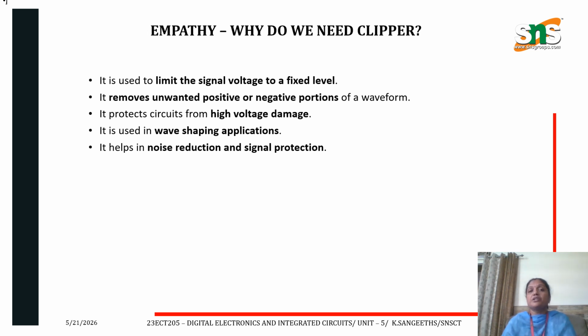And in communication systems and other electronic circuits, it is mainly used to generate different types of waveforms, like a square waveform, sine waveform, and a triangle waveform. And it is mainly used to generate timing and clock signals, that is square waveform. So these are the needs of clippers.